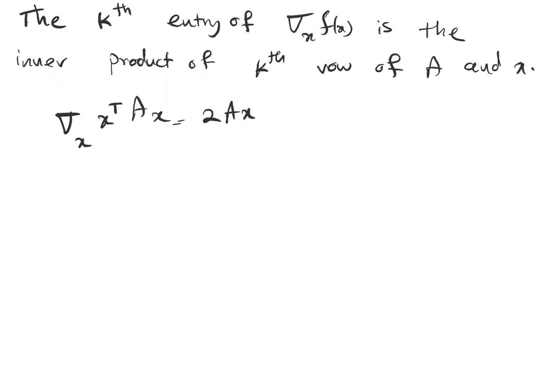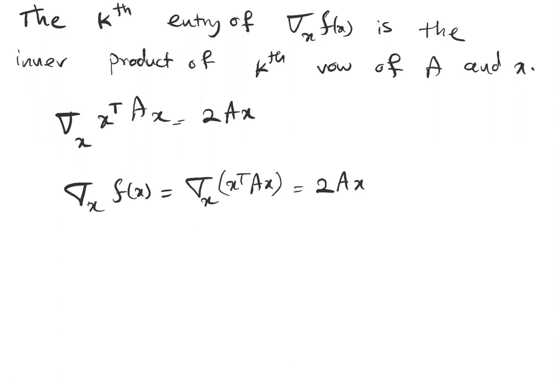So if I want to write this in the closed form, it's going to be gradient of f of x. F was a quadratic function, so gradient of x transpose Ax is equal to 2Ax if A is symmetric.